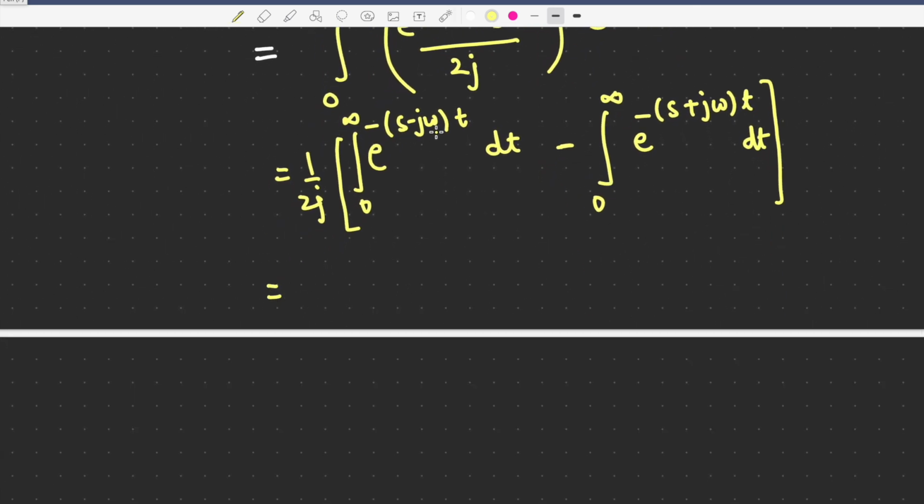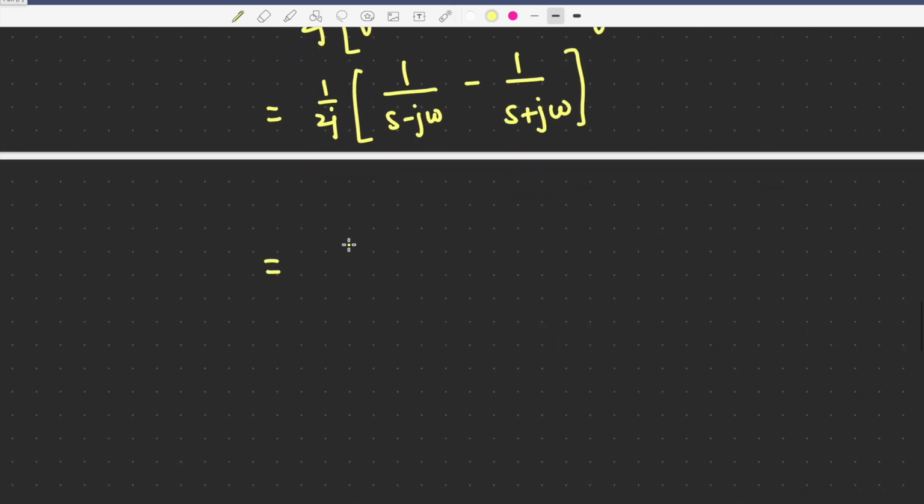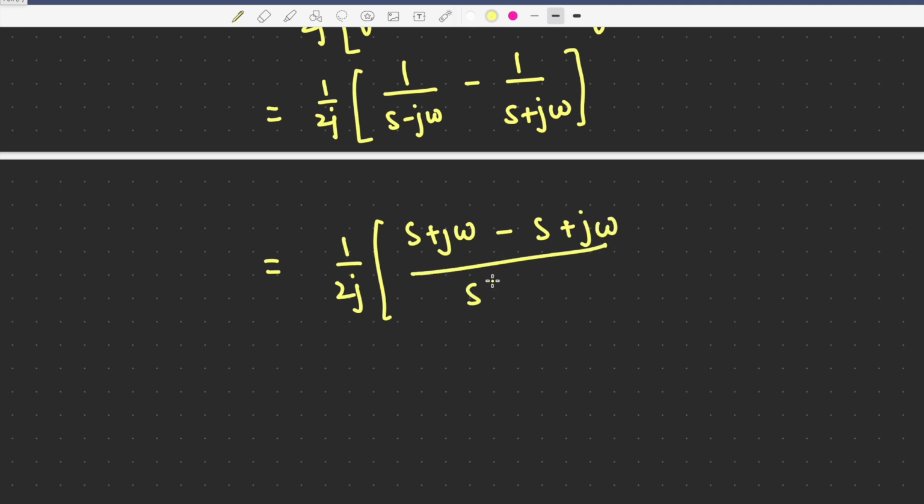As we know, for this function the Laplace transform will be 1 by s minus j omega. Similarly for this it will be 1 by s plus j omega, so minus 1 by s plus j omega, which can be further calculated as 1 by 2j times (s plus j omega minus s plus j omega) divided by s square plus omega square.